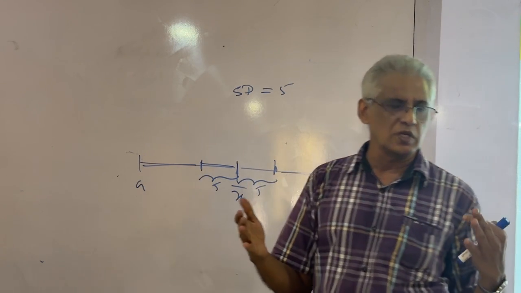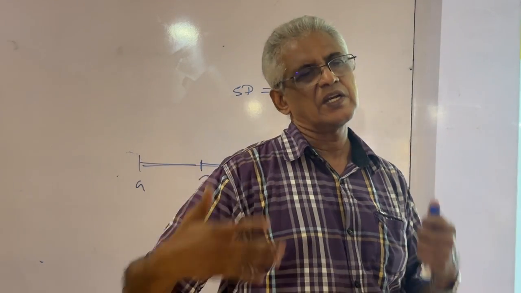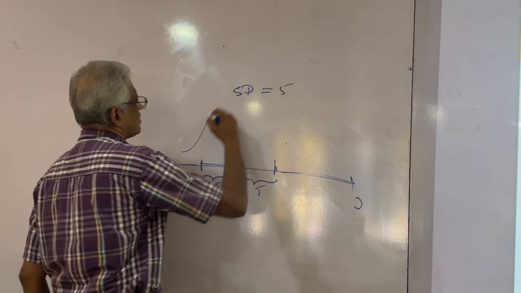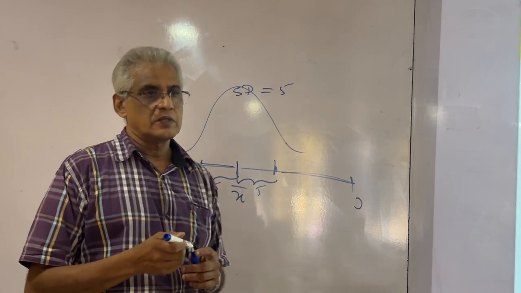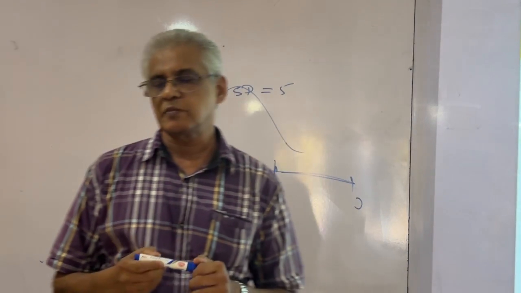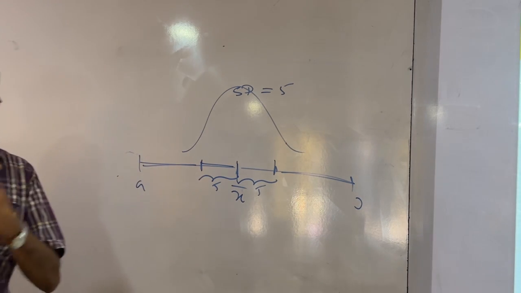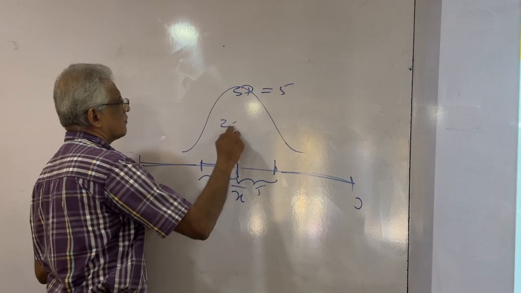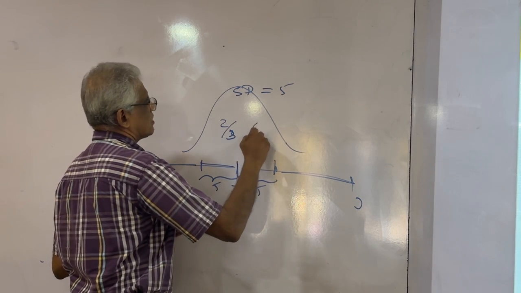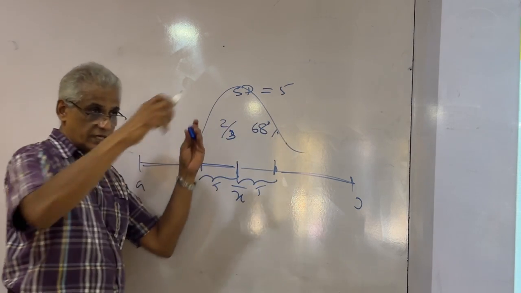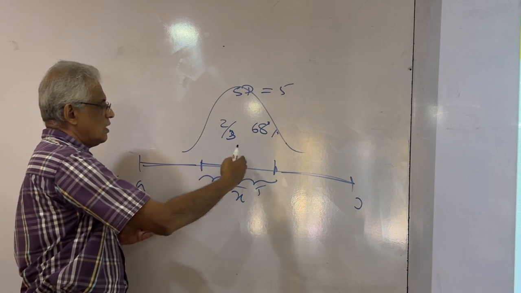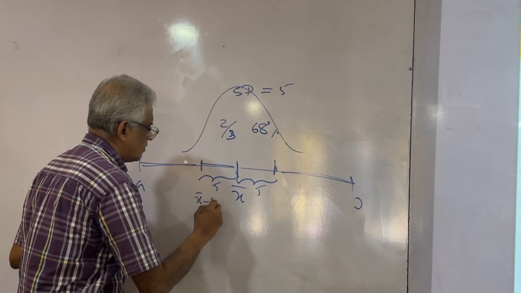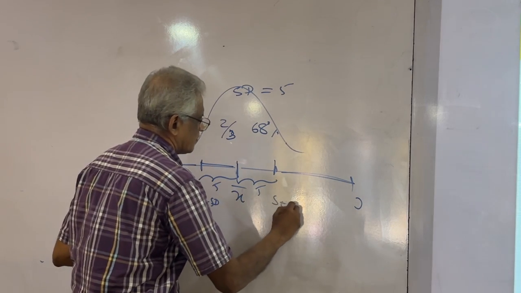This is not a rule, but it generally happens, especially if the data have a roughly symmetric and bell-shaped distribution. Roughly 2/3, or 68%, of all the data are going to be between x bar minus SD and x bar plus SD.